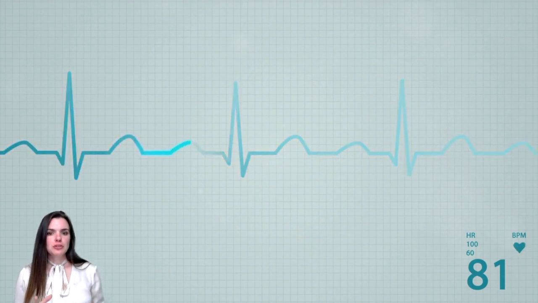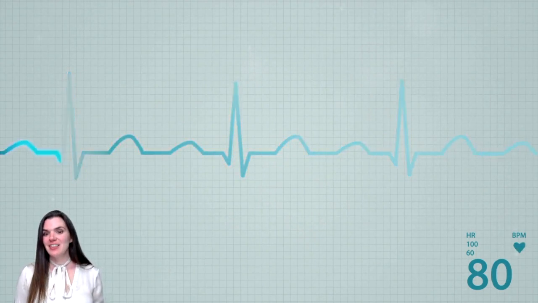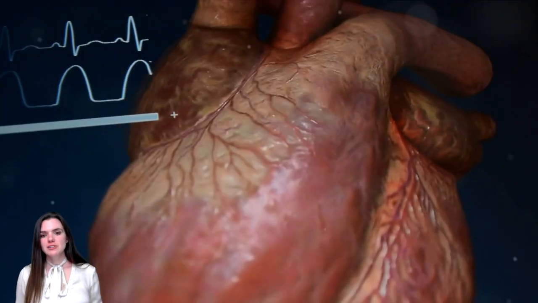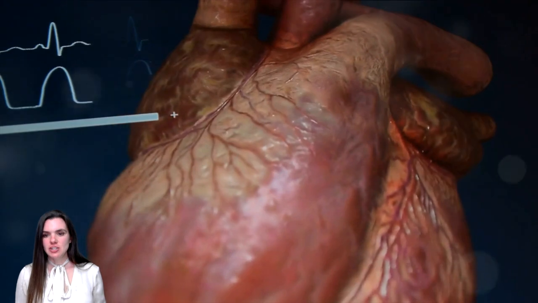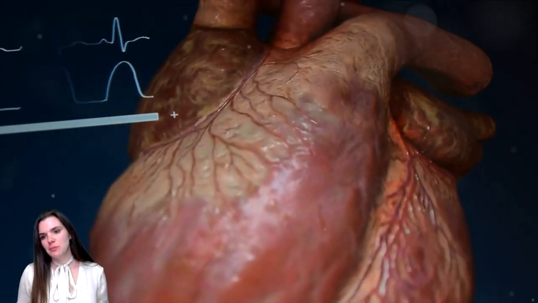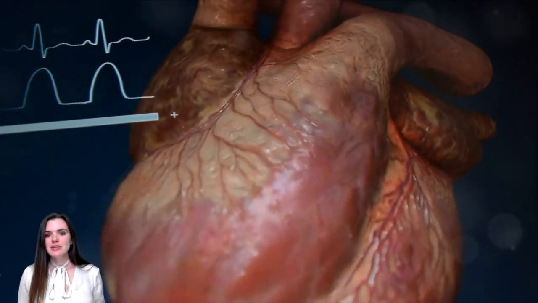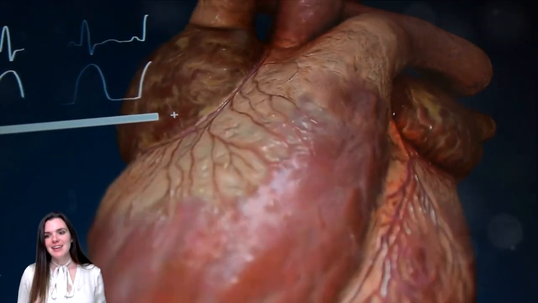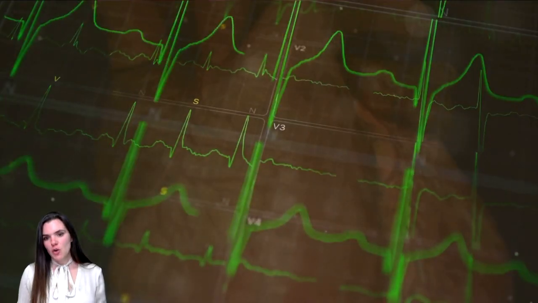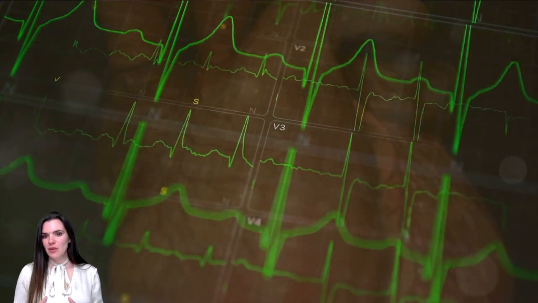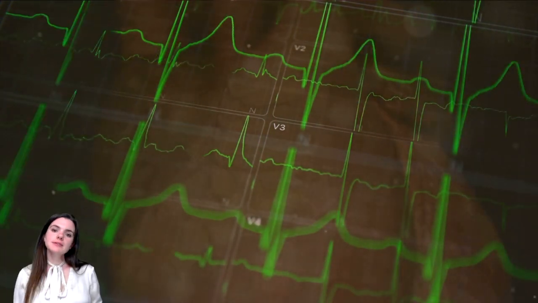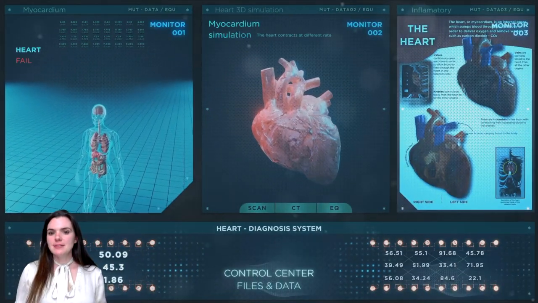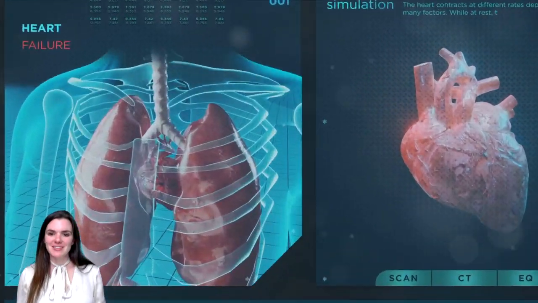The chronotropes affect the rate and the dromotropes affect the conduction velocity. So when we talk about the medication having positive inotropic effects, we mean it increases the force of the heart's contraction. A negative chronotropic drug would slow down the heart's rate, and a positive dromotropic agent would speed up the conduction of electrical signals in the heart.